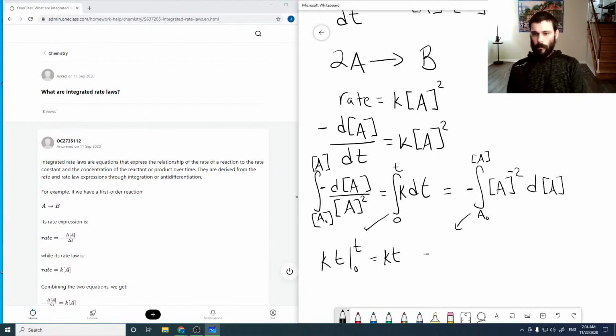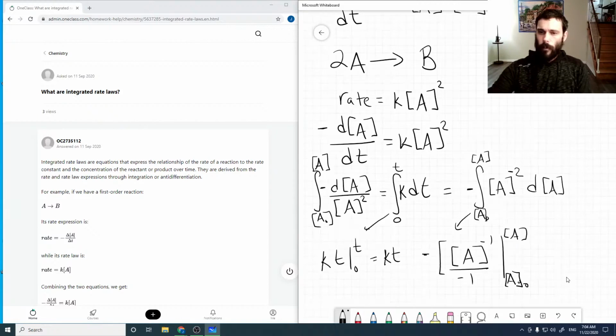So then it's negative A to the minus 1 over minus 1 from A naught to A. I'll actually write it outside of the bracket in retrospect.